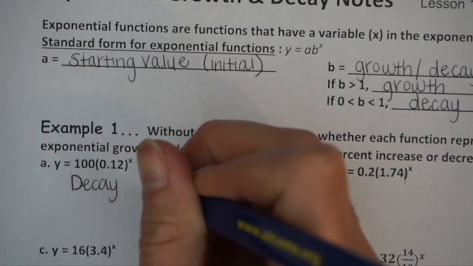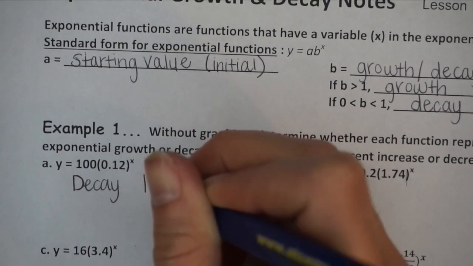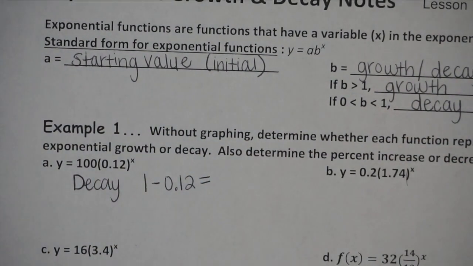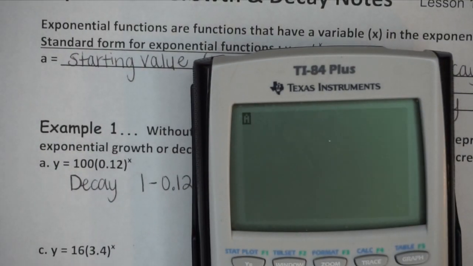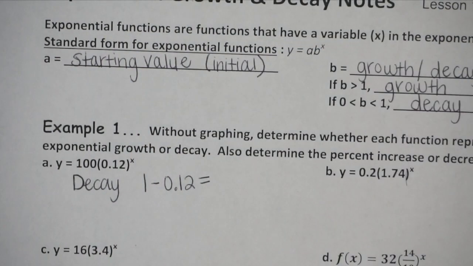We would do 1 minus 0.12, the decay factor that they give us. I've got my calculator. 1 minus 0.12 is 0.88.